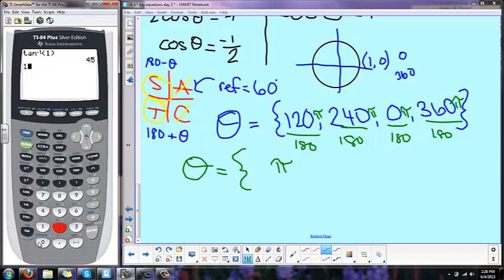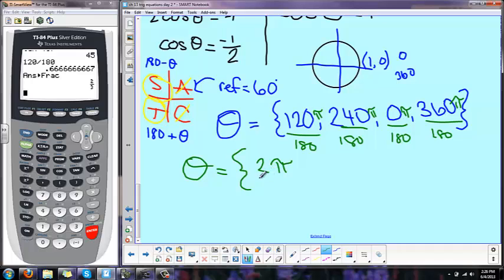So 120 divided by 180. That should give me, like, I think it's either 1/3 or 1/6. Oh, 2/3. I was completely wrong. So this is 2 pi over 3 for the first answer. I'm going to keep my pi symbol and say 240 divided by 180.